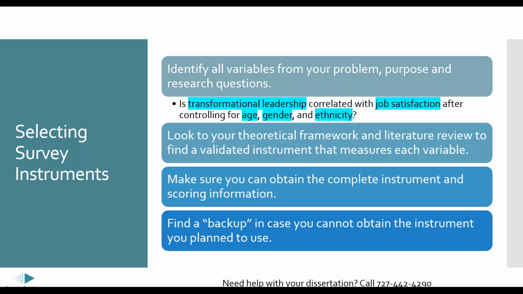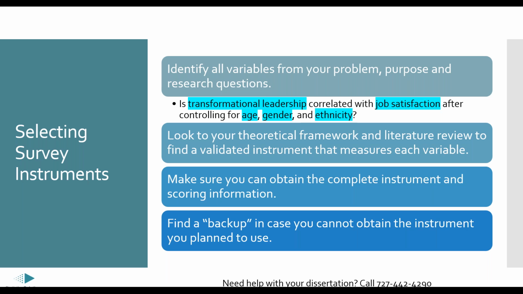You want to make sure that you go back to your research question, problem, and purpose and identify all of the variables that you have in your study, and then make sure that you obtain instruments or have questions in your survey that address all of those variables.